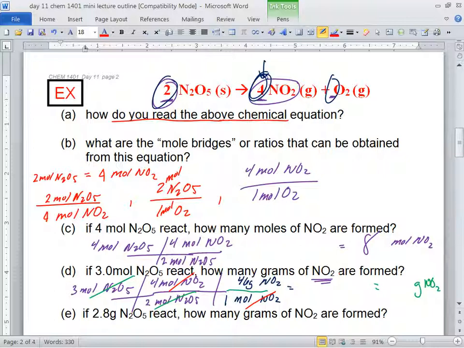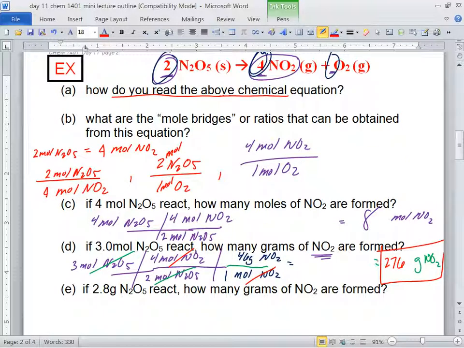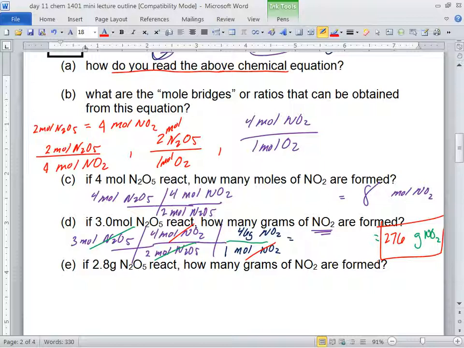So 3 times 4 divided by 2 times 46, about 276 grams of NO2. Okay. Emily, does that make sense?